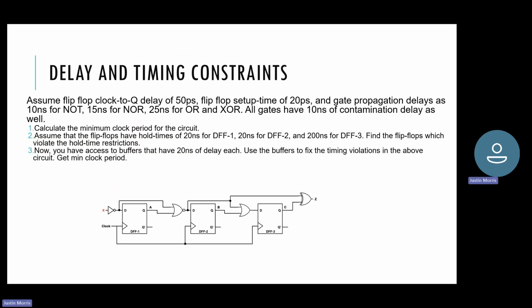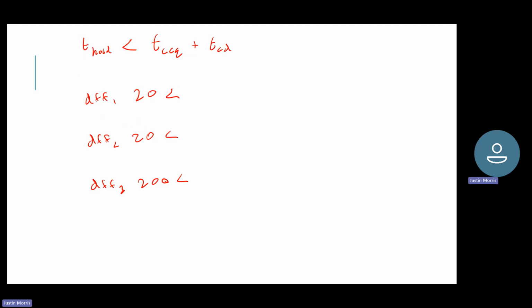If we look at flip-flop 1, we just come from one place: X through the NOT gate into the input. So there's no contamination clock to Q, since it's not coming from a register, and the contamination delay for every gate is 10. So for the first flip-flop we have a hold time violation. This is no good.